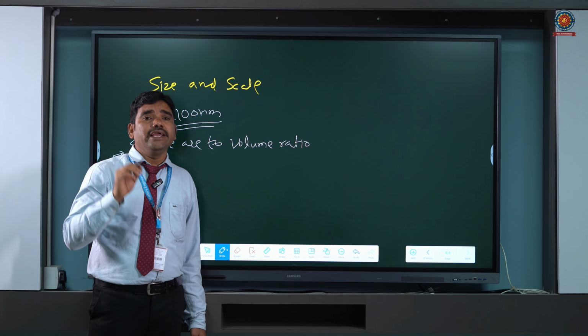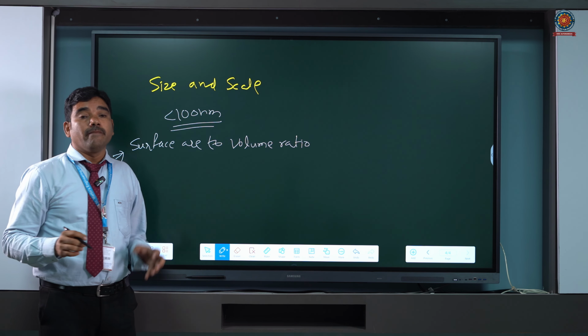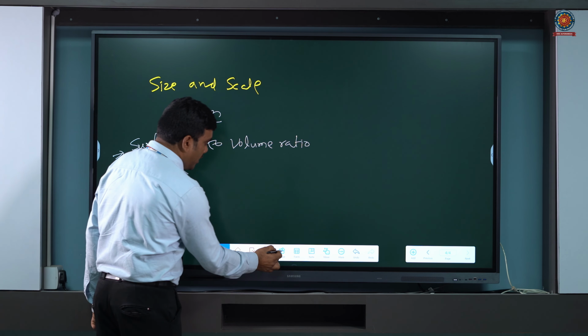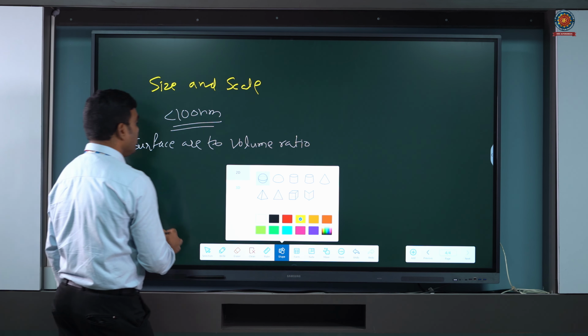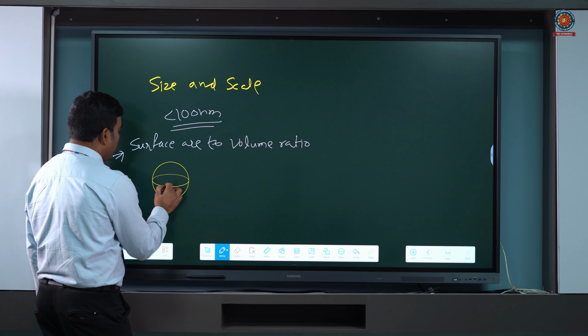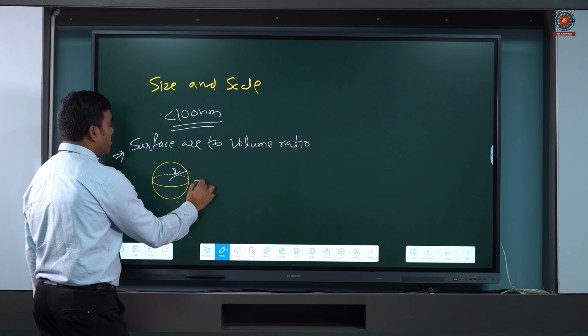Nanomaterials have high surface area compared with their bulk materials. Here we can see the example of a sphere. This is the sphere, this is the center of the sphere, and this is the radius of the sphere.